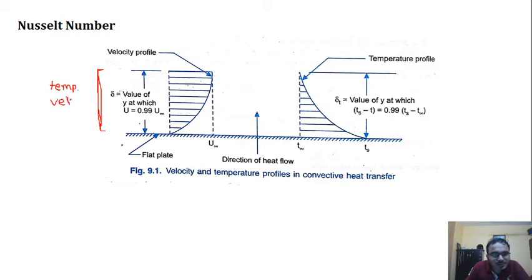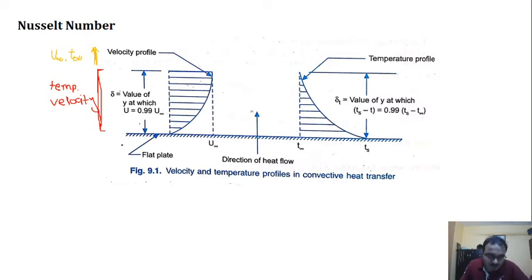So this will change in this region, and above this, it will be equal to u infinity and T infinity.